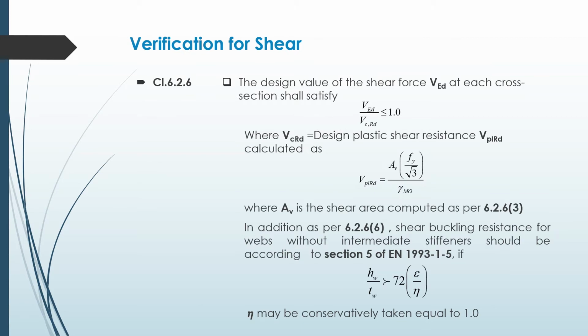So let us see the verification for shear. Clause 6.2.6 of EC3 provides the guidelines for verification against shear.